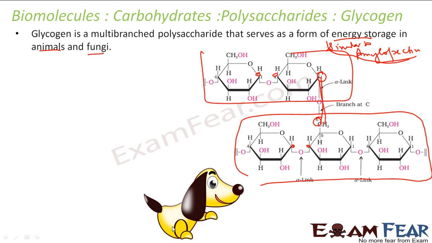Carbohydrates in animals are stored as glycogen. It is the secondary storage. The primary storage is generally fat.